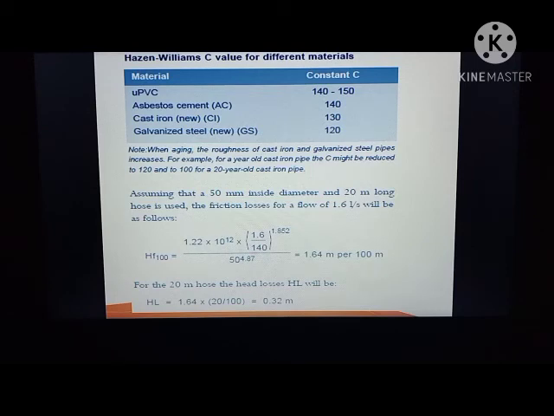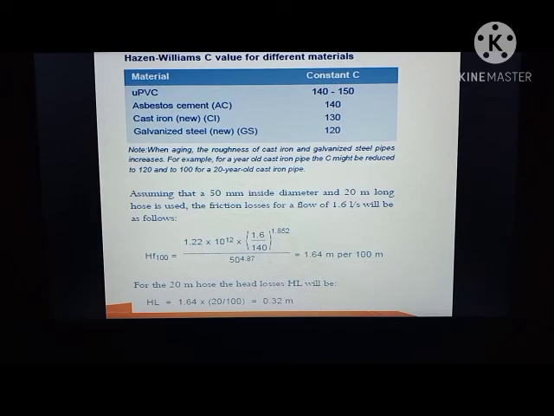Assuming that a 50 mm inside diameter and 20 meter long hose is used, the friction losses for a flow of 1.6 liters per second will be as follows.